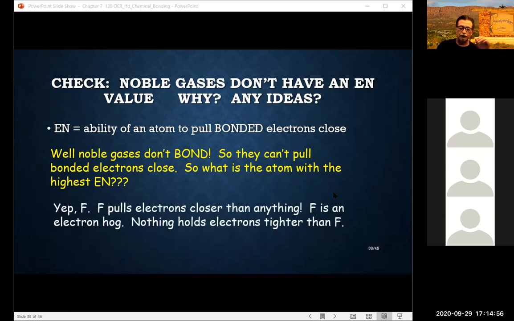But for 130, they won't react. We know that fluorine is the most electronegative, the electron hog, okay? It wants to pull electrons onto itself very tightly, high electronegativity. One reason they use it in fluoride, they feel that once incorporated in your teeth, it can create very strong bonds.